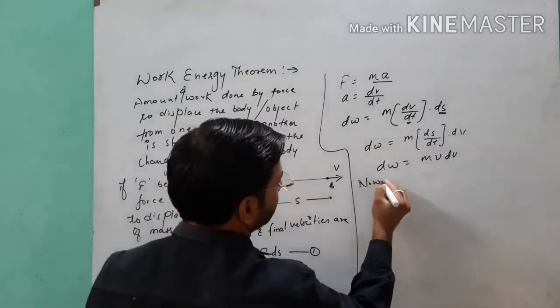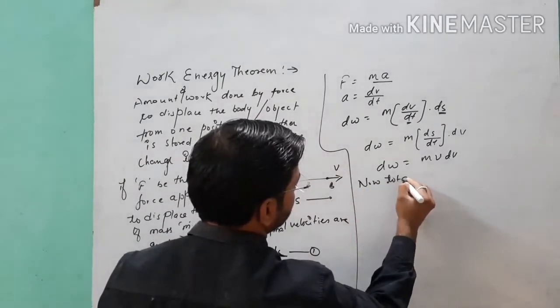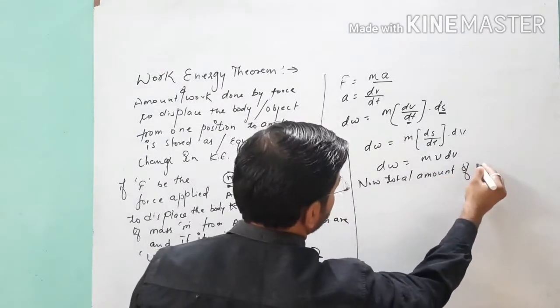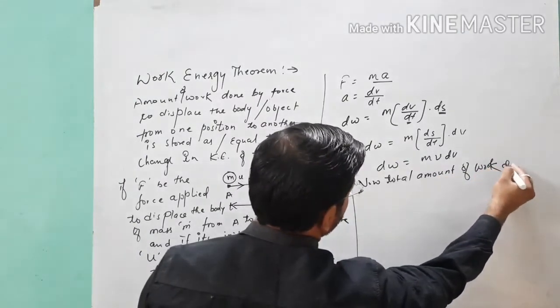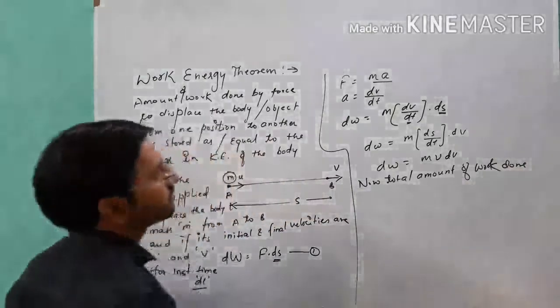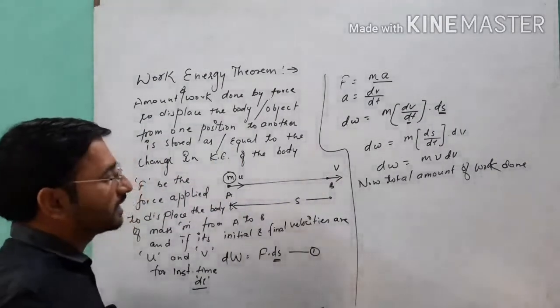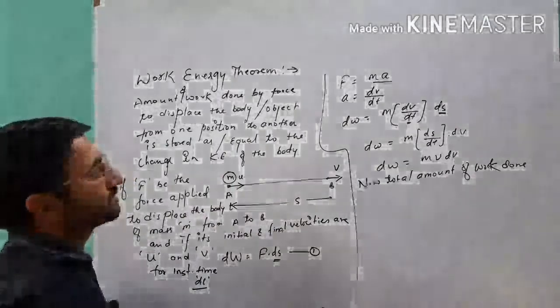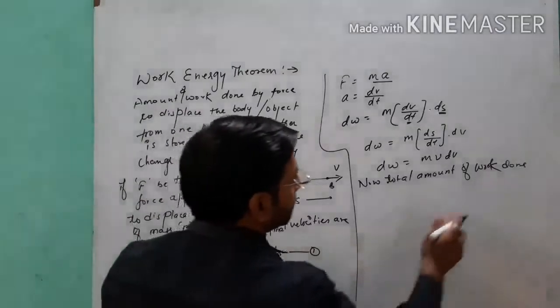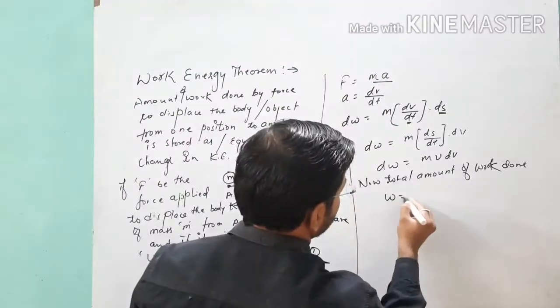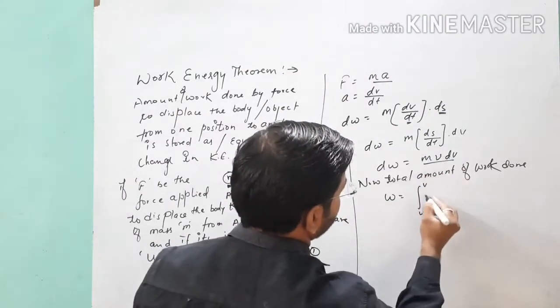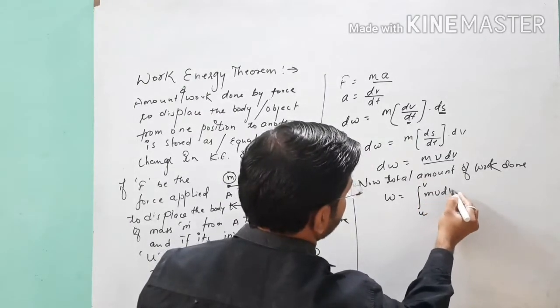Now the total amount of work done. This is our calculus method to find the work energy theorem relationship. So W is equal to the integration from u to v of m v dv.